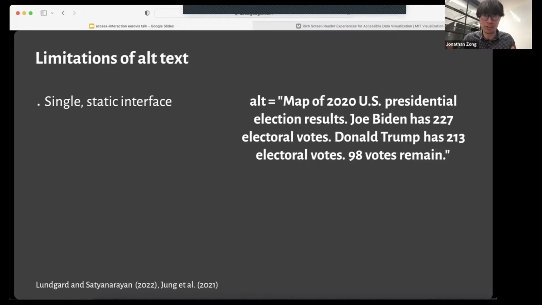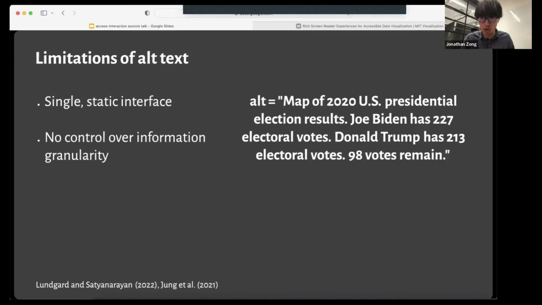This is definitely much better than image, image, image. It gives you an idea of the broad, high level message of the chart. But where does this approach fall short? Some of the limitations of alt text are that it's a single static interface. You can't really interact with an alt text. What you get is just what you get.